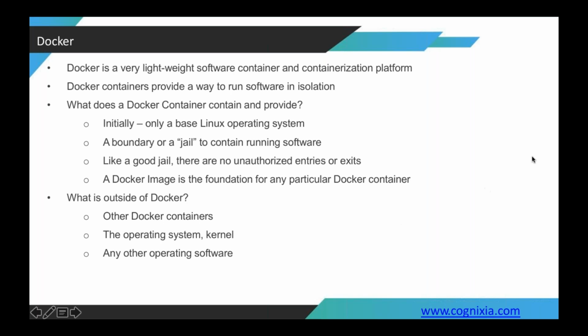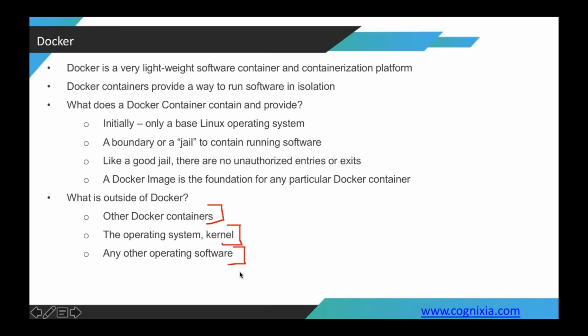So we know what is inside the Docker container: the application binaries and the operating system binaries. But what is outside of the container? Outside the container, there will be other Docker containers running. There will be a Linux kernel and an operating system.